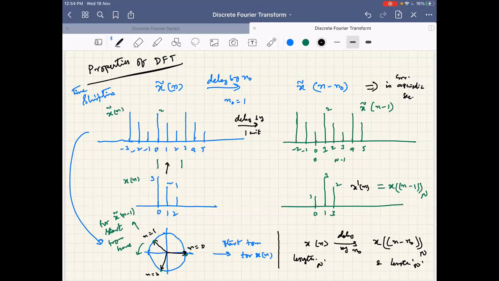In DFS and DFT discussions, if you want to apply the DFT, what we do is only a circular shift, not a linear shift. This we should be clear about.